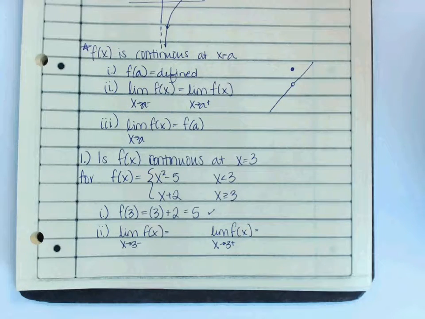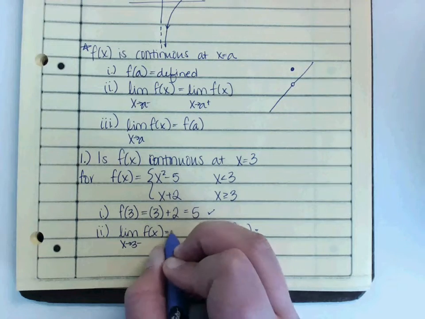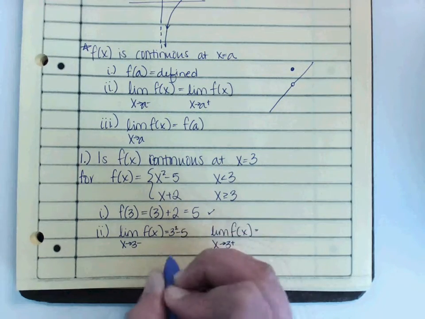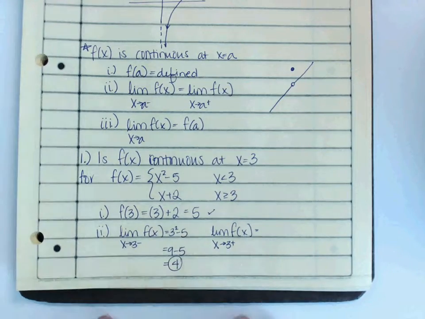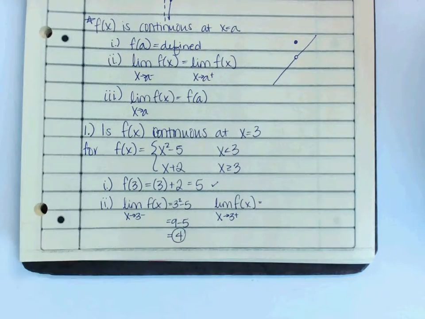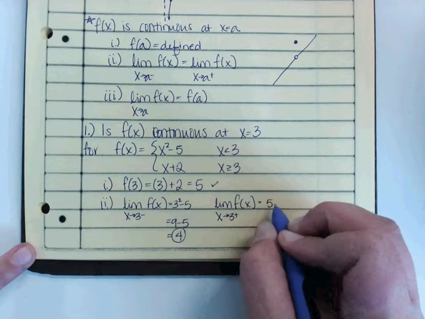Left of 3 would be top. 3 squared minus 5, 9 minus 5, which is 4. And my right side, I would be plugging in the bottom, but I already did that. I'm going to steal the answer, 5. So my left limit is 4. My right limit is 5.